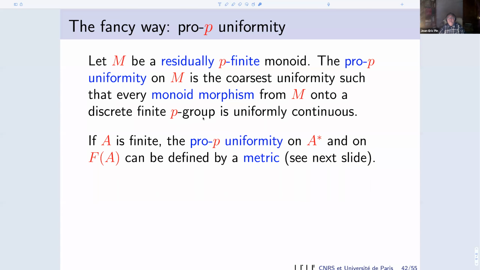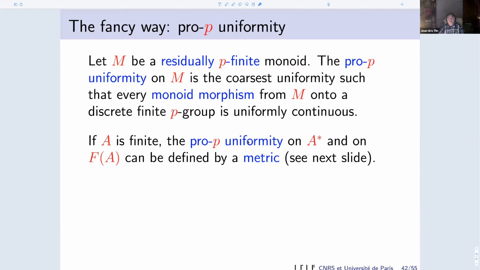Just to give the formal definition, the proper uniformity is the coarsest uniformity such that every monoid morphism from M onto a discrete finite p-group is uniformly continuous. So you make some uniform structure to obtain this, and this is the so-called proper uniformity.